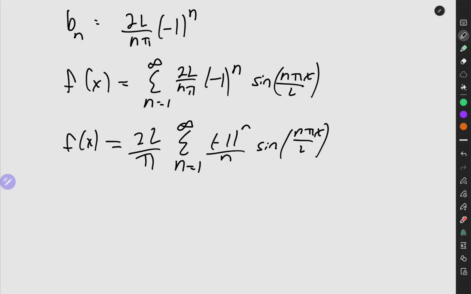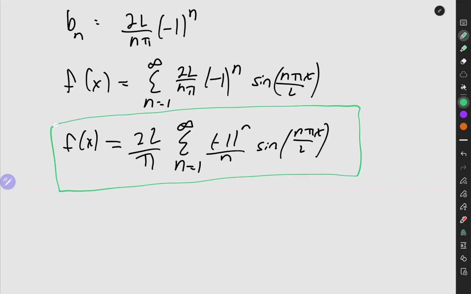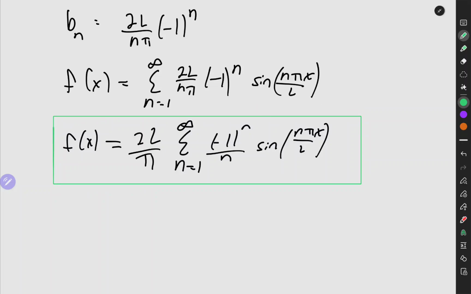Okay, that's a solution right there. Not too bad, right? As you can imagine, the integration will get more involved depending on the problem. And the simplifications can get really annoying. You'll see in a minute how you can have different kinds of things going on.